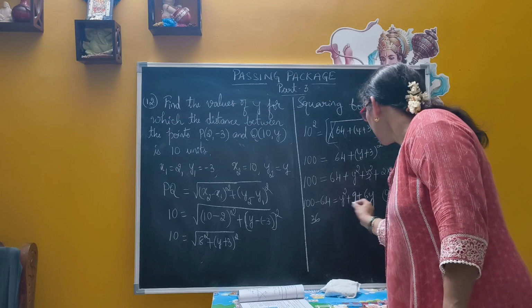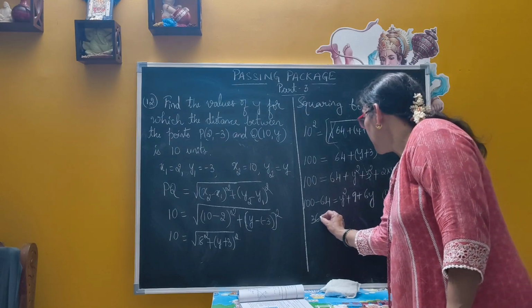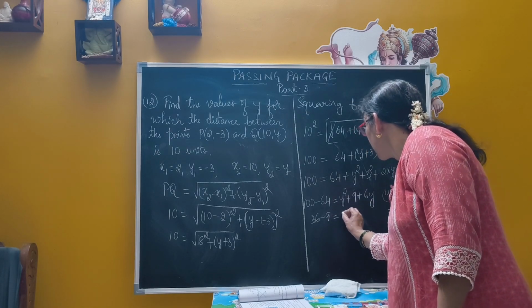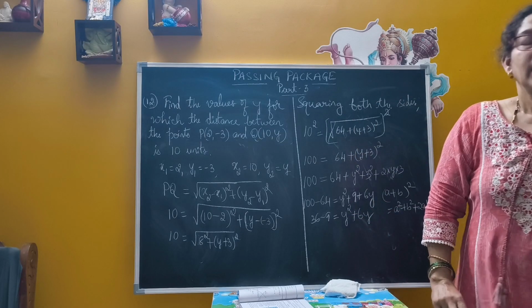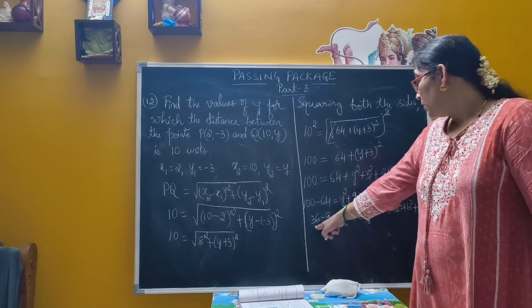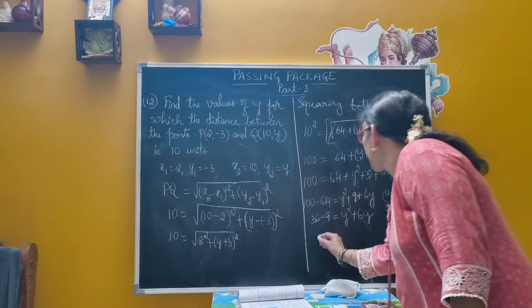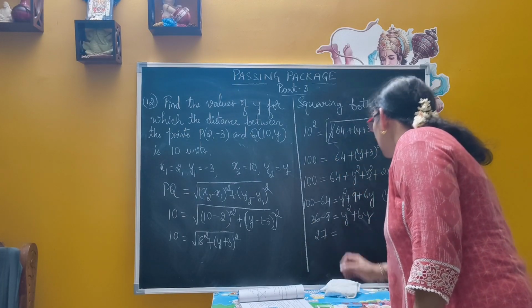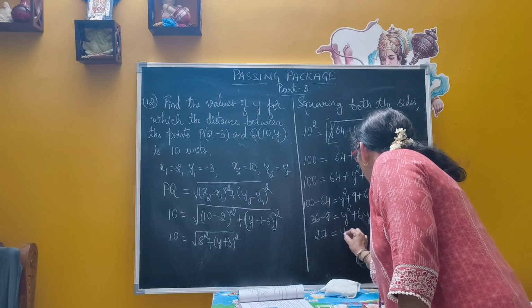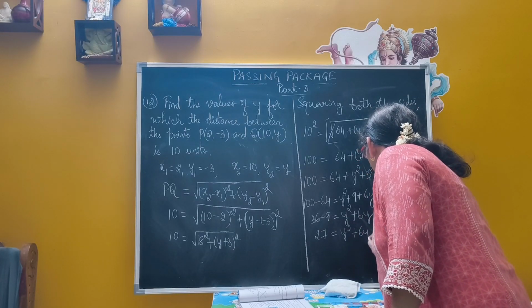And I shift 9 to LHS now: 36 minus 9 is equal to y square plus 6y. So 36 minus 9, how much is it? It is 27. So 27 is equal to y square plus 6y.